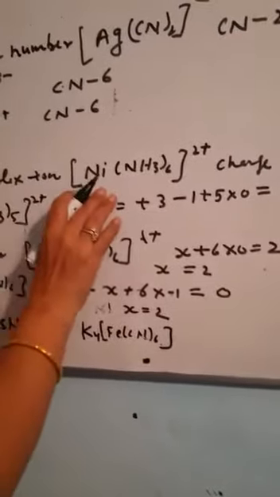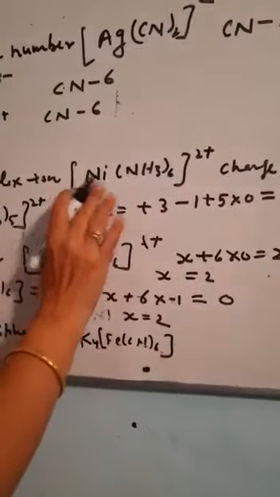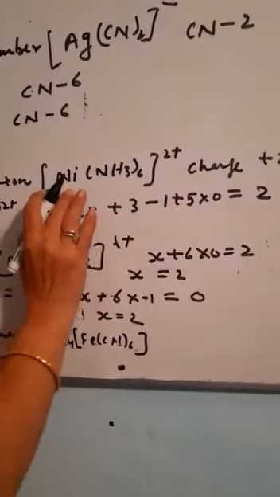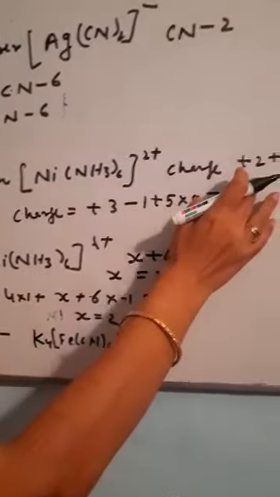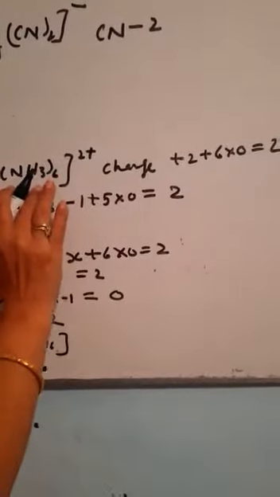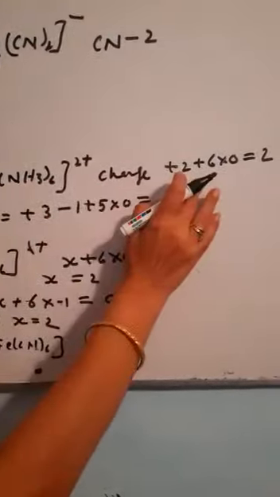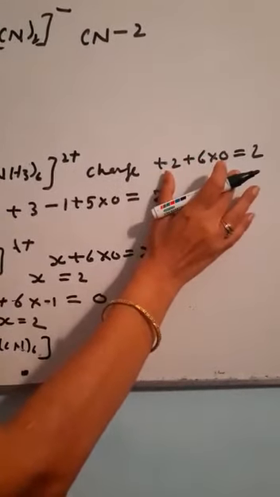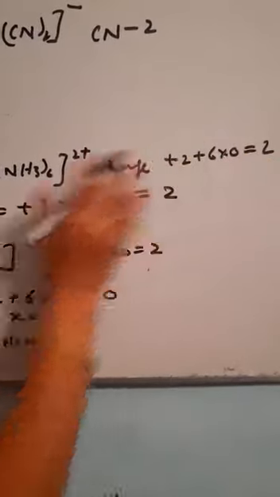For example, in the complex [Ni(NH3)6], the charge carried by nickel is +2. The charge carried by ammonia is 0. So the total charge on the complex is the sum of these two, that is 2.